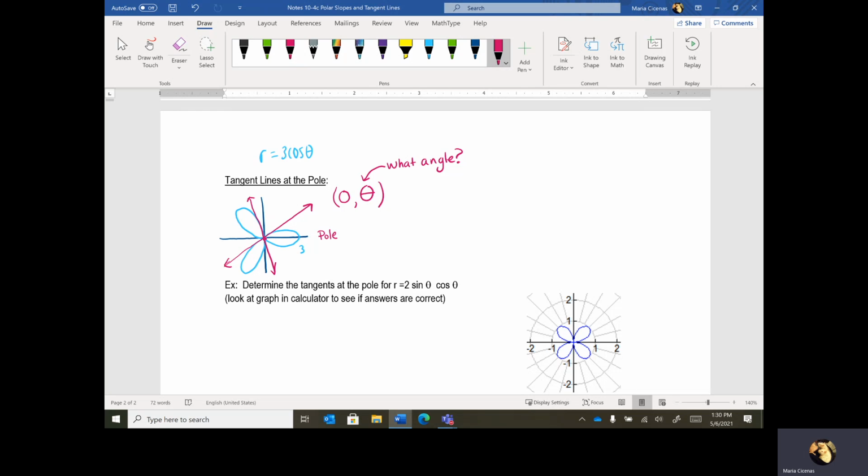We could examine that, but it's going to be simpler. All we have to do is let r of our function there equal 0, and then solve for those thetas to figure out where that's occurring.